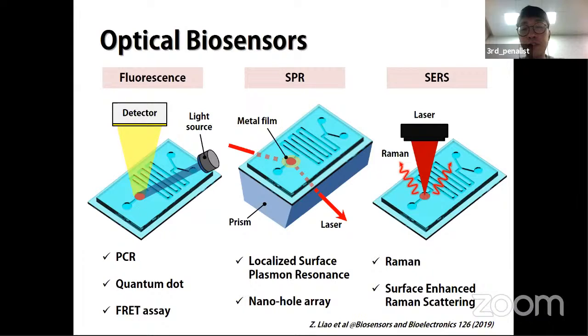SPR and localized surface plasmon resonance have been introduced into microfluidic devices. Lastly, SERS is a technique that combines laser spectroscopy with the special optical properties of noble metal nanostructures with attached molecules, producing a strongly increased Raman signal.